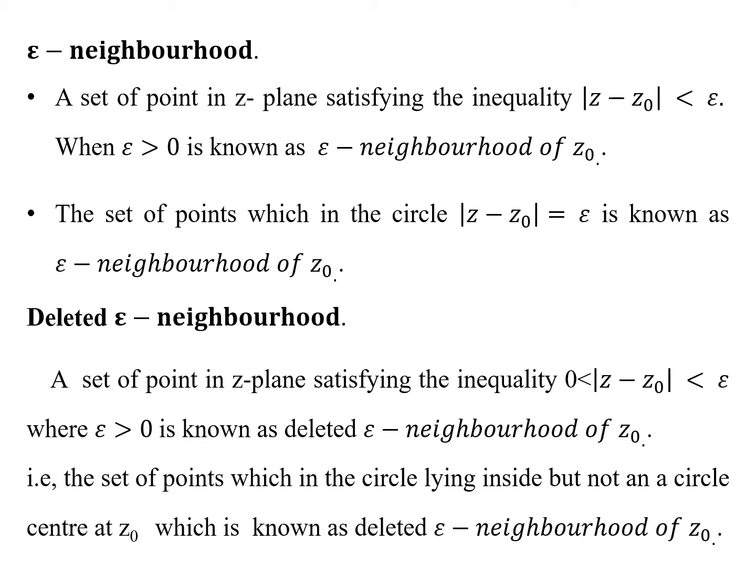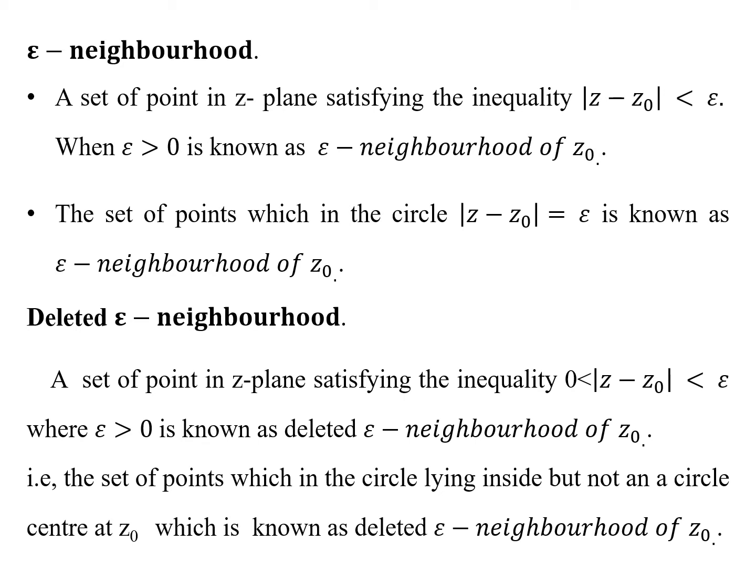So first of all, it is epsilon neighborhood. In addition, we add one condition. So what is that condition? It is the set of points lying inside the circle but not the center of the circle centered at z naught.